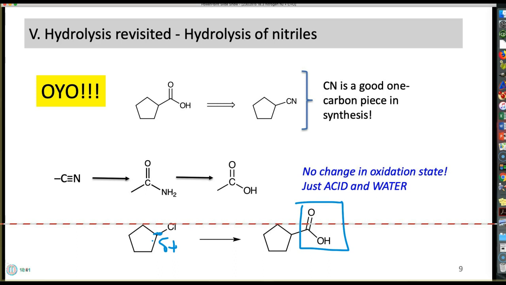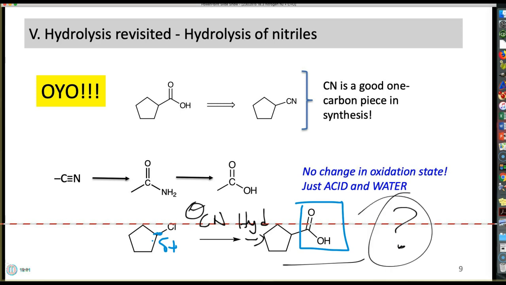Well, I can do that pretty easy by adding the nitrile in an SN2 reaction, and then hydrolysis, I've got my acid. Question for you is, is there another two-step synthesis that you can come up with to go from cyclopentyl chloride to this cyclopentyl carboxylic acid? Wonder what it is.